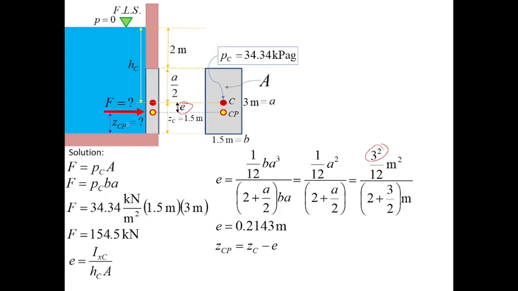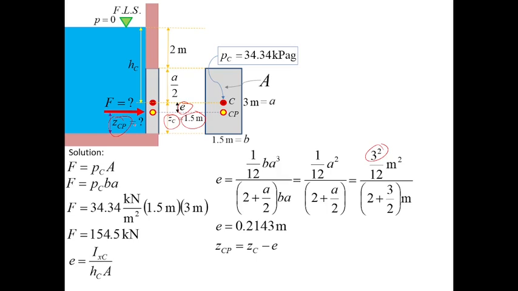We can now find ZCP because we have E and we have ZC. So this is the total length, ZC, which is 1.5 meter, or 3 over 2 meter. 1.5 minus the eccentricity will give us the distance between the center of pressure and the bottom of the gate.